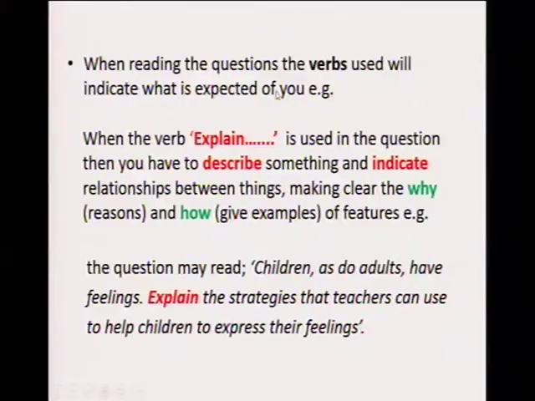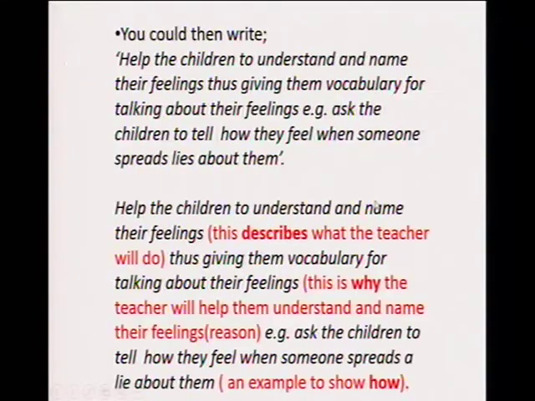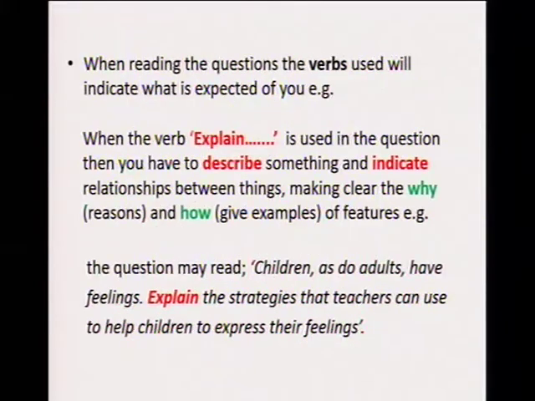Now let's see. When the verb explain is used in a question, then you have to describe something and indicate relationships between things, making clear the why, the reason, and the how by giving examples of features. Let me give you an example. The question may read, children, as adults do, have feelings.